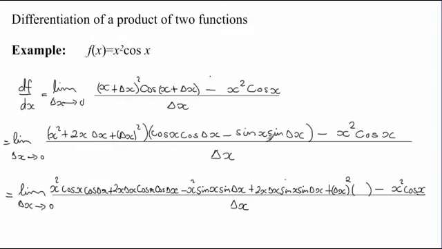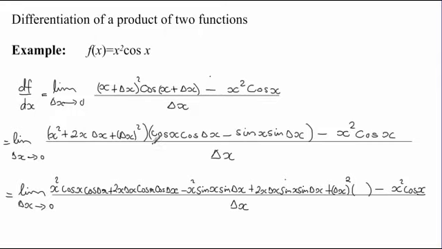Then I took this term and multiplied the leading term, which gives minus x squared sine x sine delta x. Then, multiplying by the second term, I get 2x delta x sine delta x.